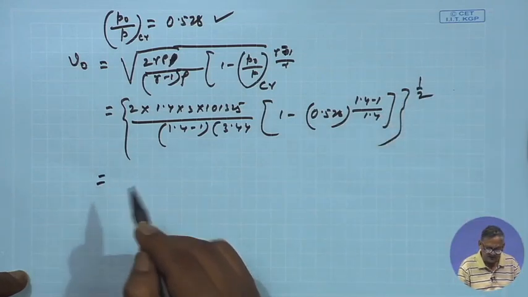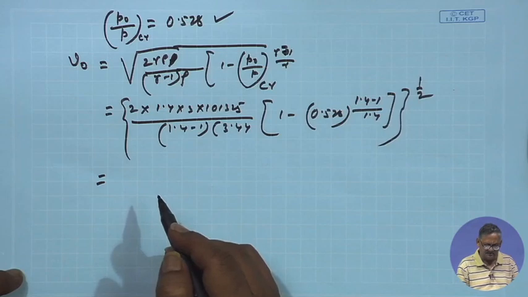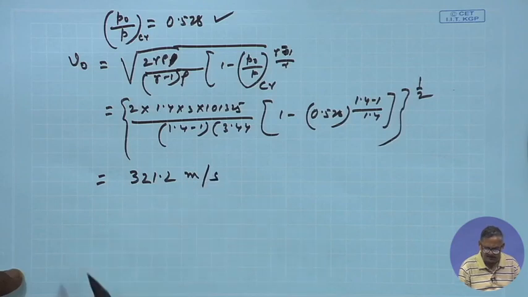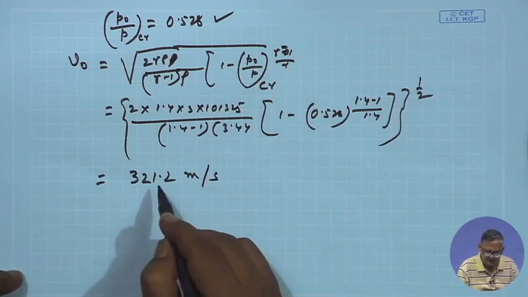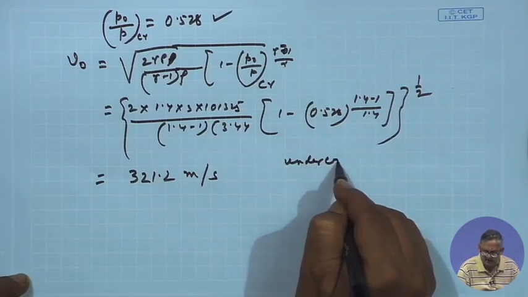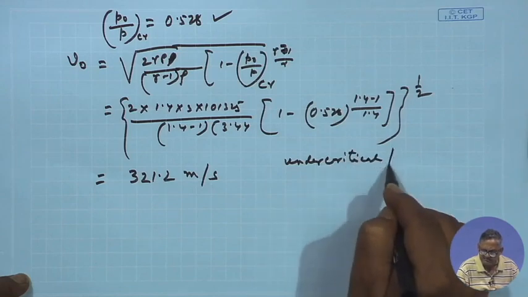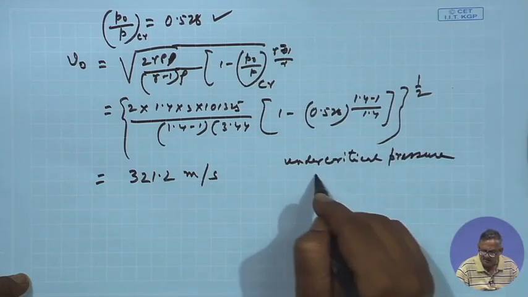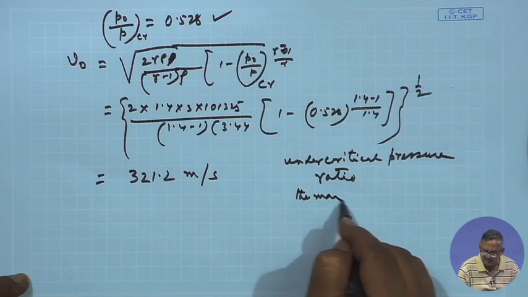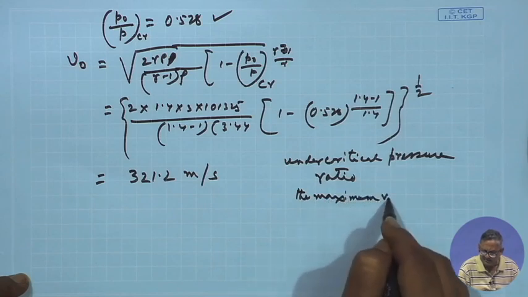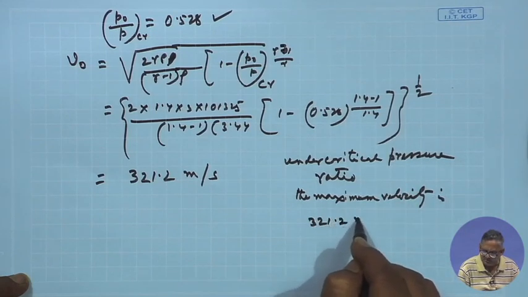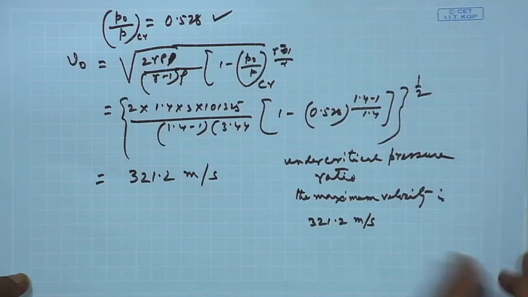If we calculate this, it comes to be 321.2 meter per second, right. That means under critical pressure ratio, the maximum velocity is 321.2 meter per second, right.